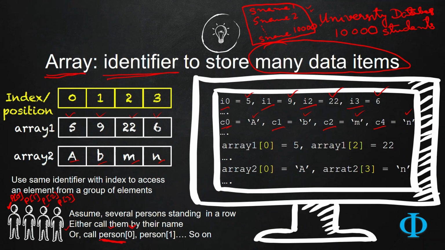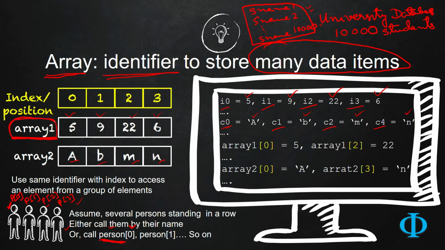Now there is another way, which is called an array. Just like that person queue, in this case also you can use the same name to store each data item. So let's say in this case I am using the name array1.